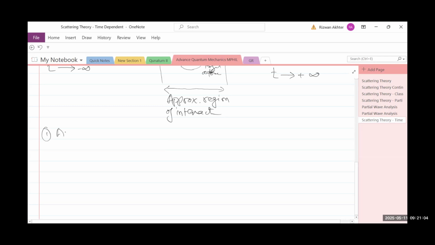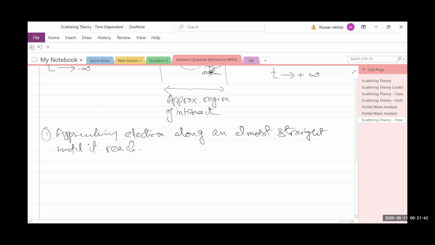So we have the approaching electron along an almost straight path, not feeling the potential of the target, but it changes its path as it nears the target, until it reaches the interaction region. So this is the first region.